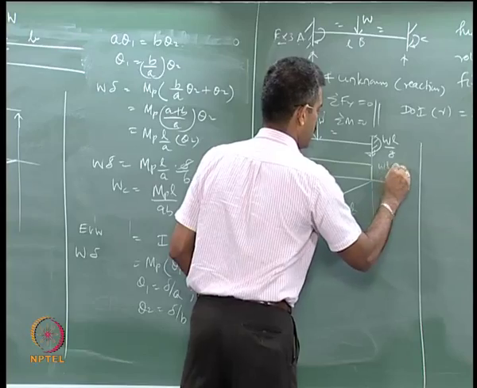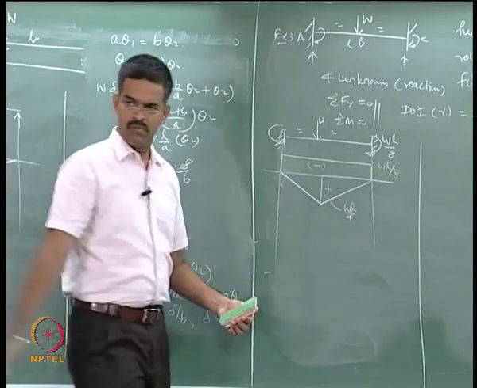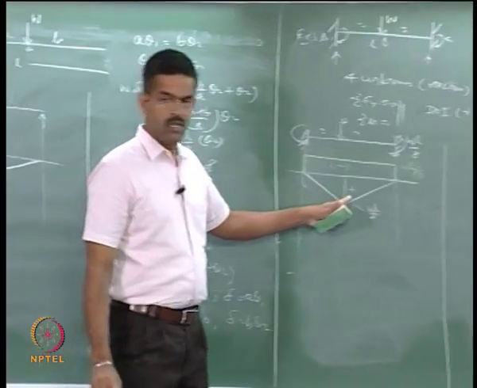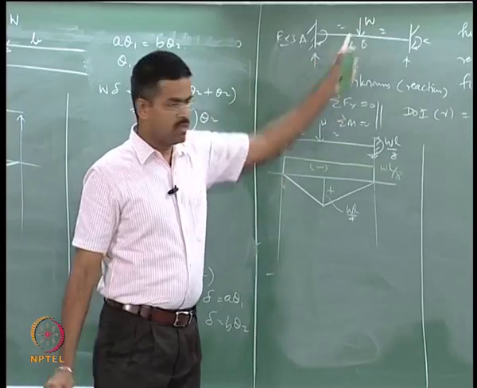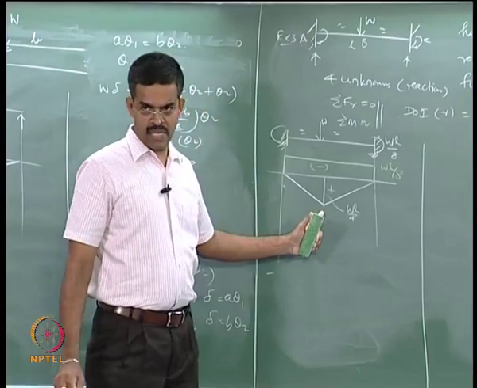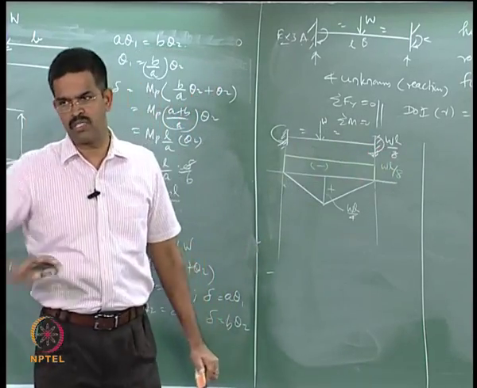This is WL by 8 and this is negative and this is positive, because this is because of the external load, this is because of the internal reaction. They will have bending moment at the bottom maximum, but these two will have bending moment at the top maximum. So, negative moments and positive moments.